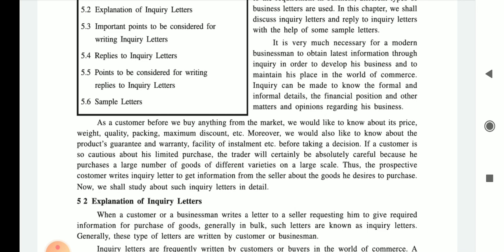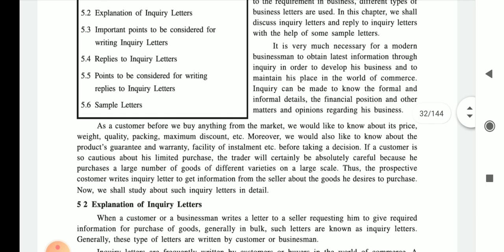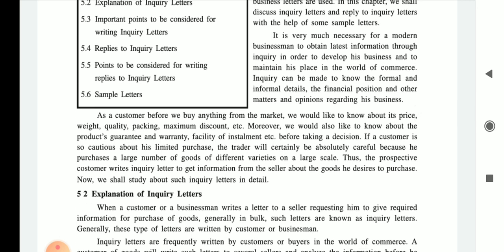So we are going to start this chapter out of sequence, because you need so many references as well as so much revision in this chapter. Without any kind of revision you will not be able to learn carefully.